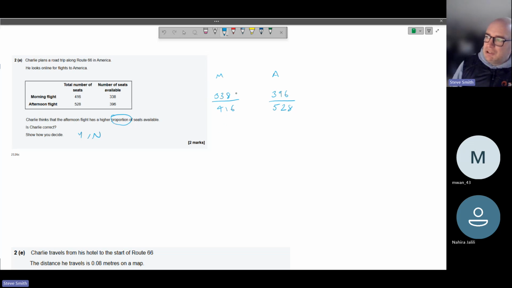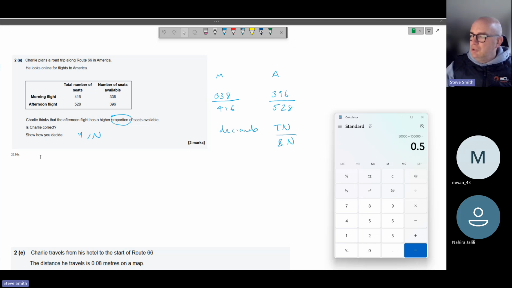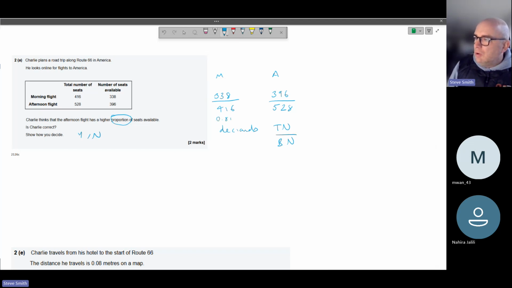So the best way to do it is change these fractions into decimals, and we do that by dividing the top number by the bottom number. And we've got our decimal straight away. So clearly now it's a calculator paper, so we would have use of our calculator. 338 divided by 416 equals 0.8125.